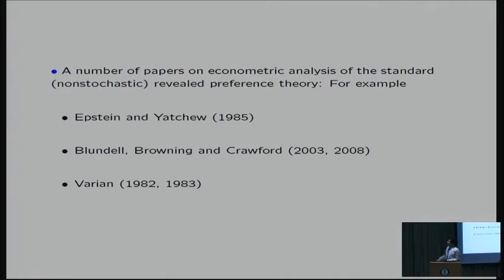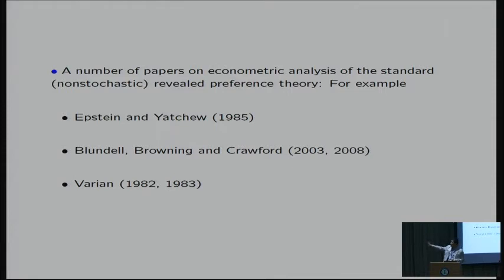And just going through a bit of literature really quickly. Of course, there is lots of econometrics done in terms of revealed preference, starting off from probably Varian, many papers are very well known, but also Browning, Crawford, a series of papers, and the Epstein and Yachew paper.